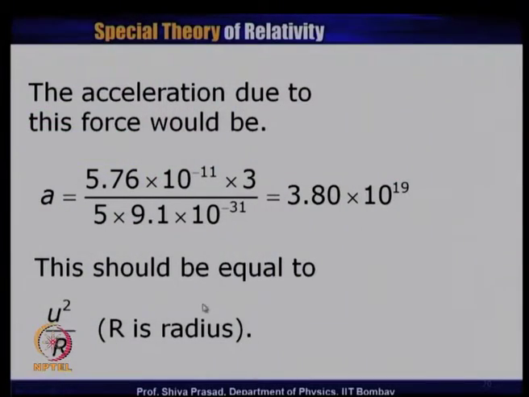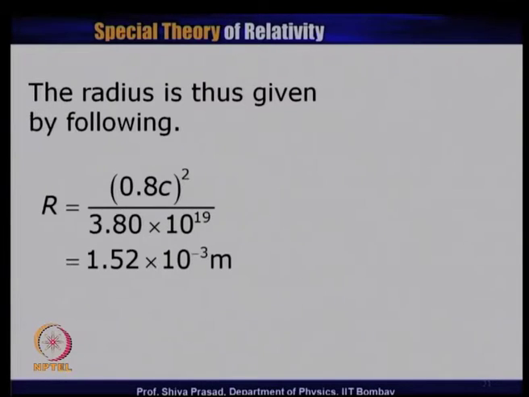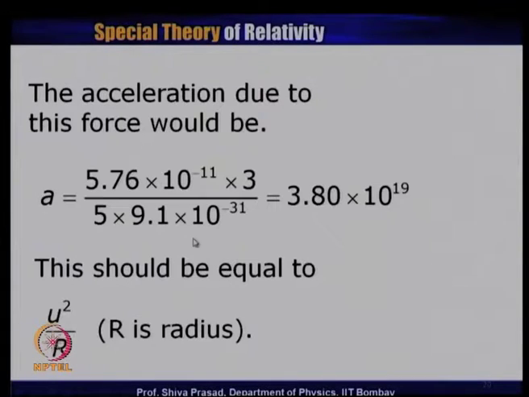I have just now found out the acceleration of the particle, so I can equate it to u square by r. I know u, so I can find out what the radius will be if this electron has to move in a circle. The radius turns out to be u square, which is (0.8 c) square, divided by this 3.8 × 10¹⁹, which we have obtained earlier as the acceleration.